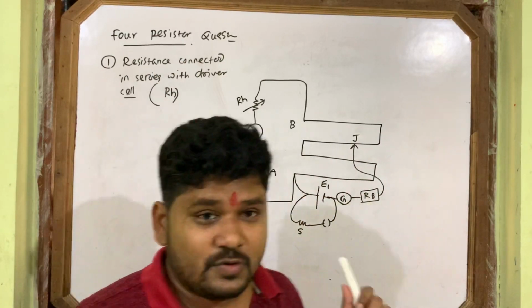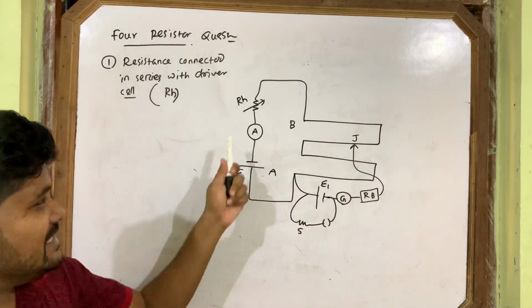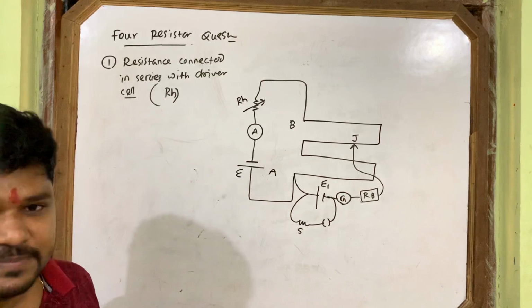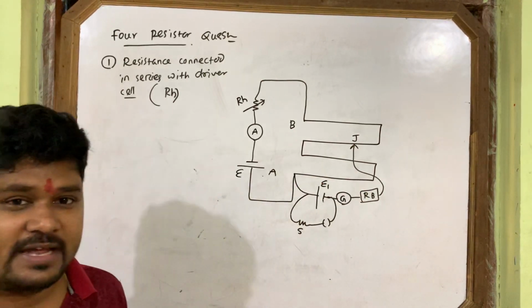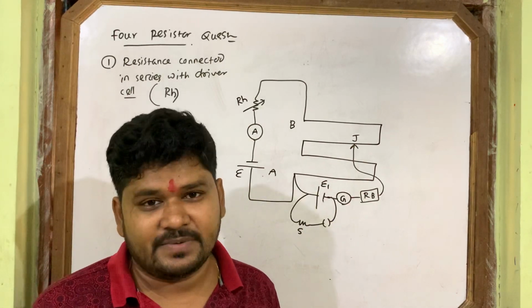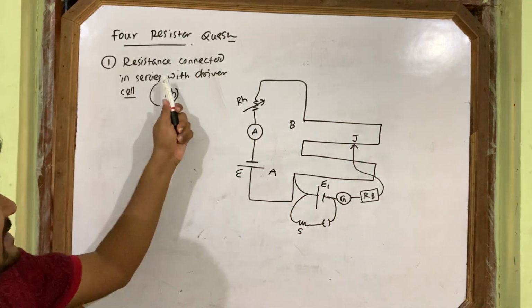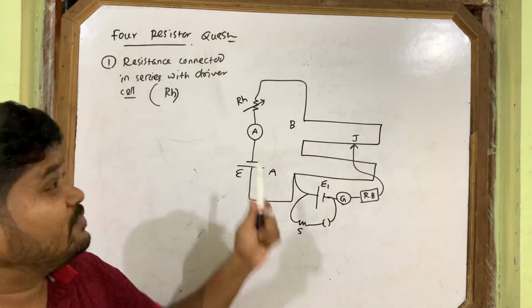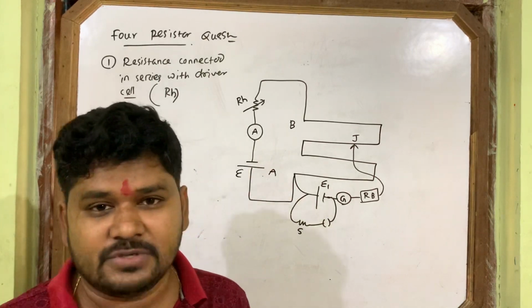If a question comes in the exam like this: if this resistance increases or decreases, what happens to the null point? Where will the null point shift? What happens to the balancing length? This type of question will come. Like this we will discuss 4 resistances: if they increase or decrease, what happens to the null point?